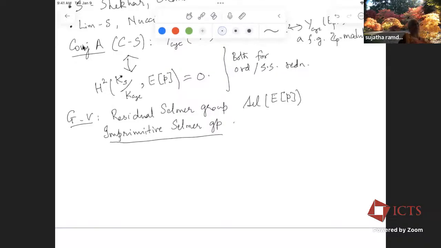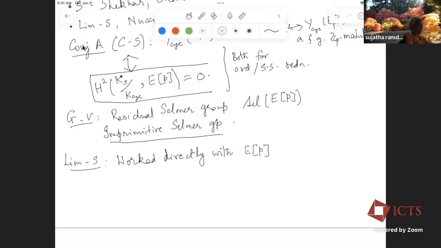So that's the method of Greenberg-Wuthrich. And later with Meng-Fai Lim, we work directly with the residual Selmer group, with E[p], directly work with the residual representation and then use this part.